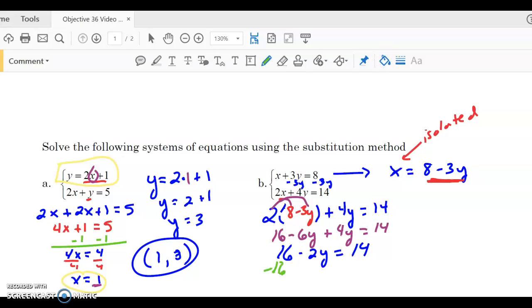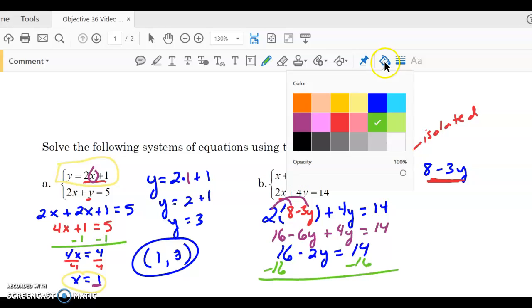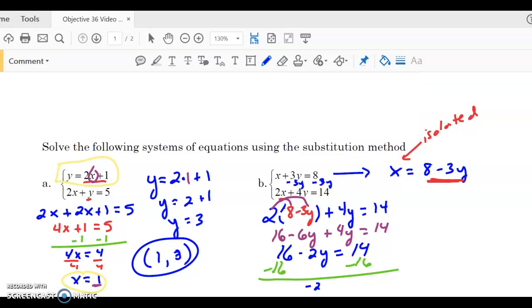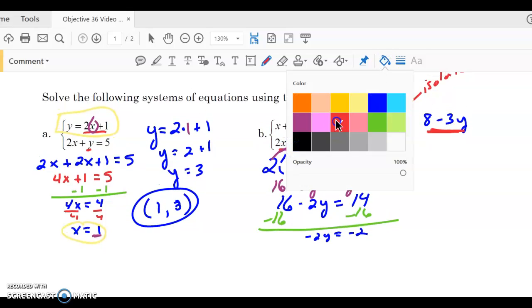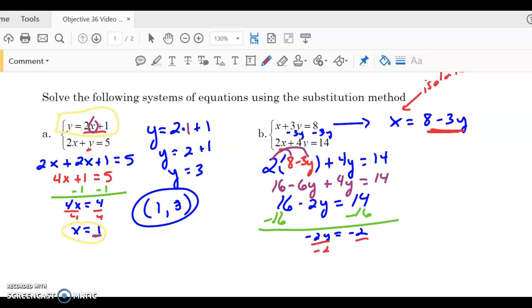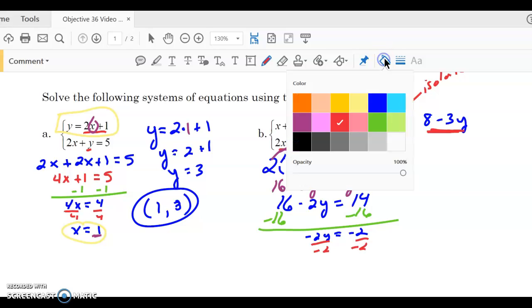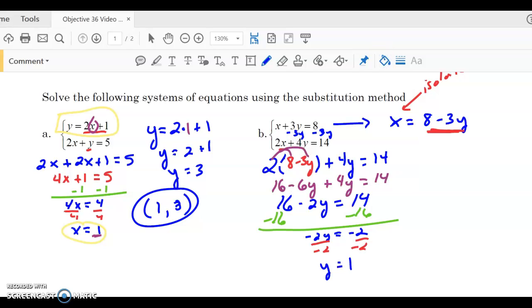We subtract 16, because those are the like terms, and we get negative 2y equals negative 2. Divide by negative 2, and we get y equals 1.